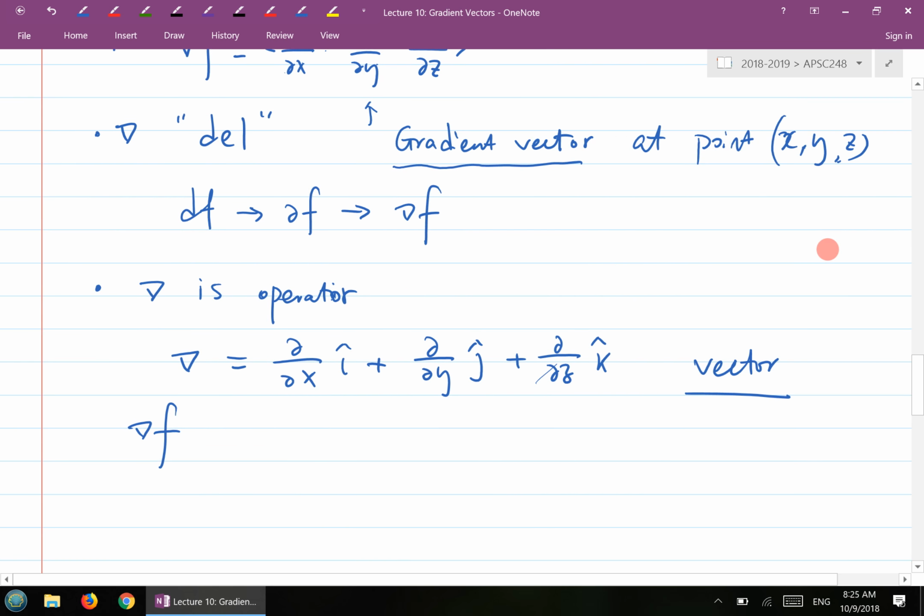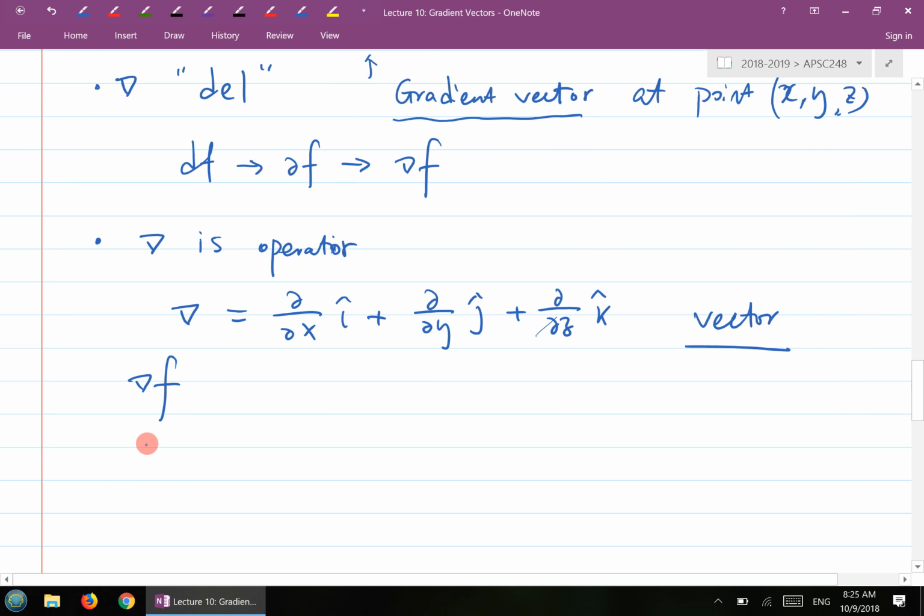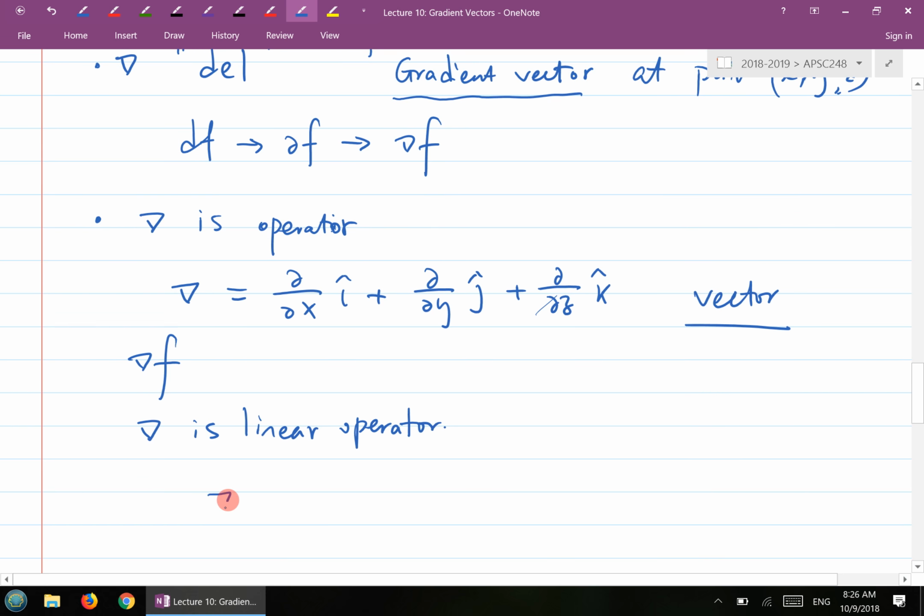And an operator, you can also think of it as a sort of system. And bottom line is, this is a linear operator. Just like the derivative, it's a linear operator. And in 246, you're learning system dynamics, and the definition of a linear operator or linear system basically means you need to satisfy the so-called superposition rule, right?